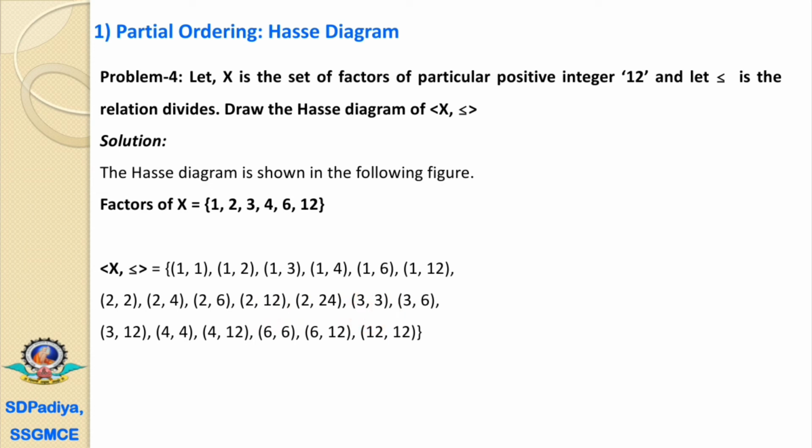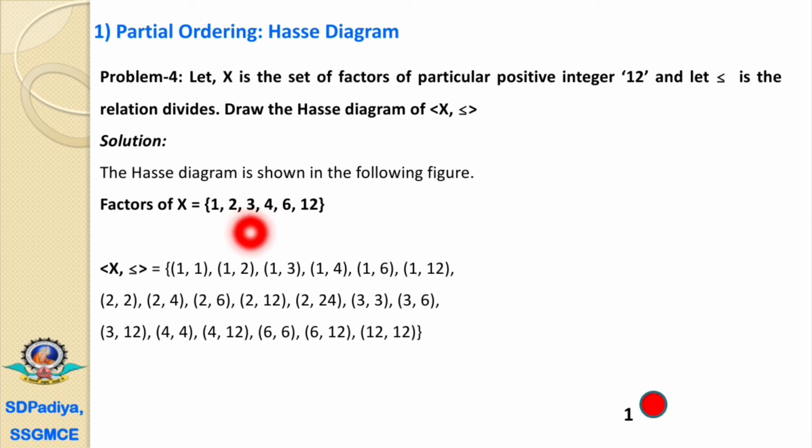Now to design its Hasse diagram, first we draw 1 at the bottom. Now the second element is 2. 1 and 2 have a direct relation, that's why we draw 2 at its above level. Now the next element is 3, but there is no relation between 2 and 3.